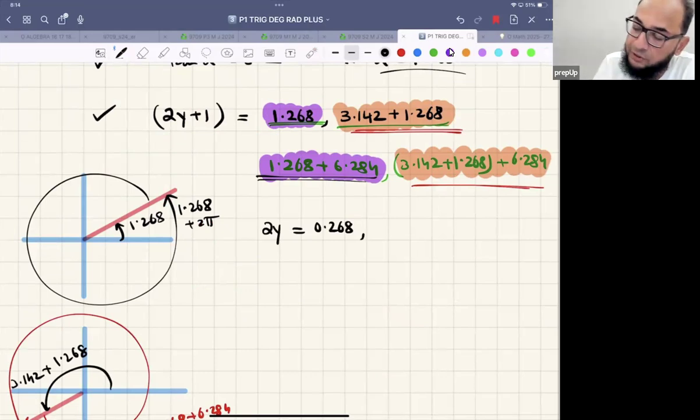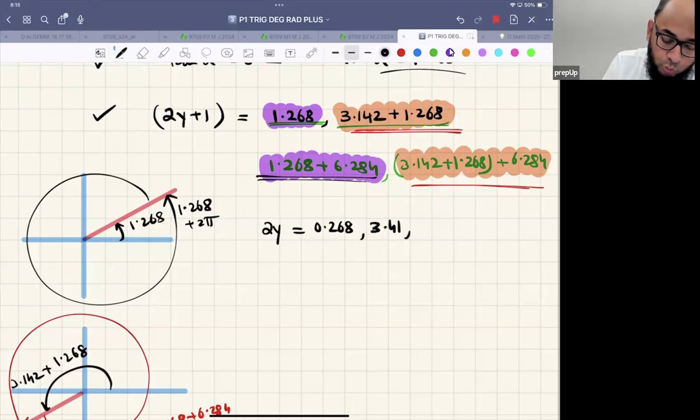So therefore, this is 3.142 plus 1.268. Add it up, minus 1. Let me just do the correction. 3.142 plus 0.268, I've subtracted 1. This comes out to be 3.41.